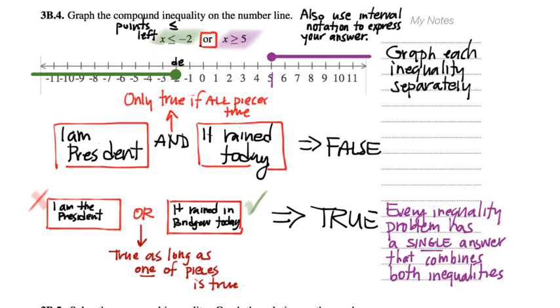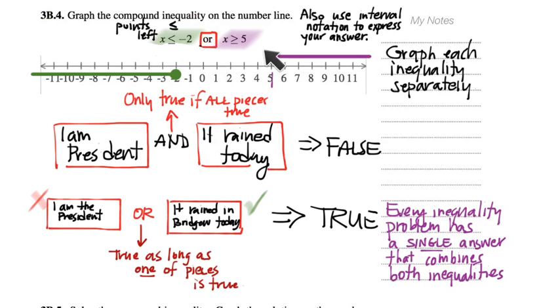Right. So, what does this have to do with inequalities and how to combine inequalities together? Here's how I like to think of it. Looking at the particular example that we're working on right now, I want to come up with a single set that consists of all the points, all the x's, for which x is less than or equal to 2 or x is greater than or equal to 5.